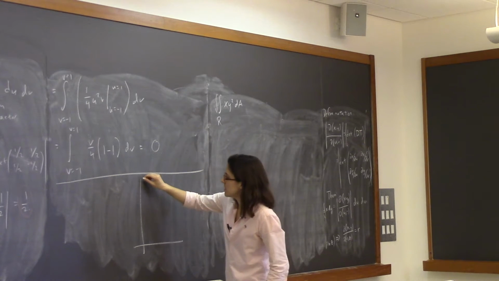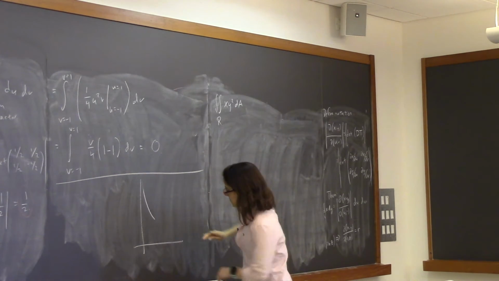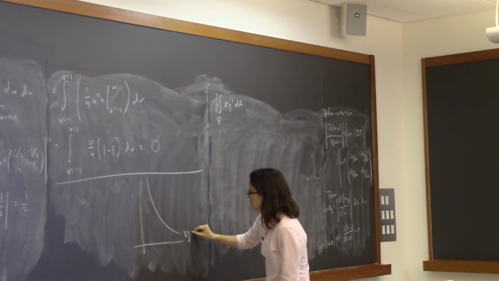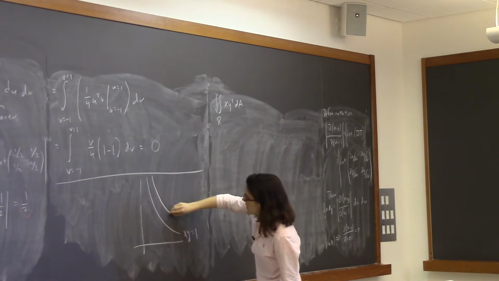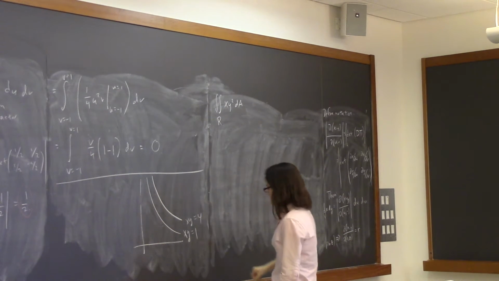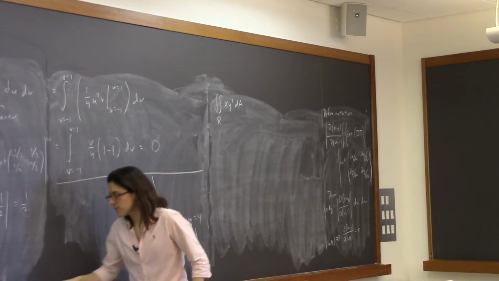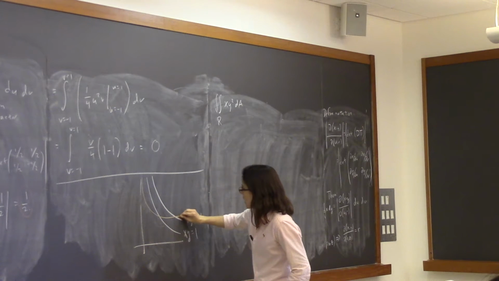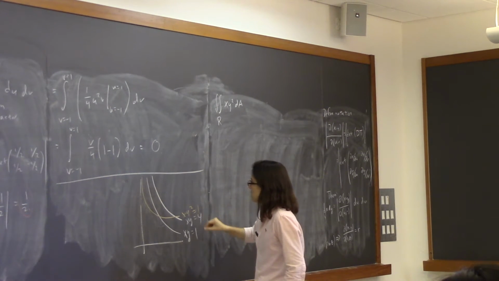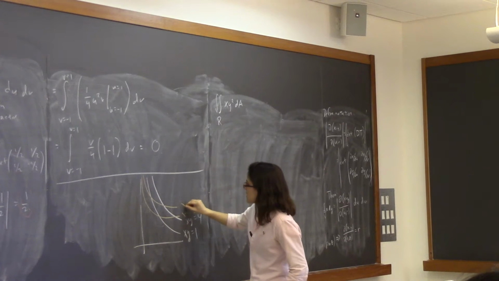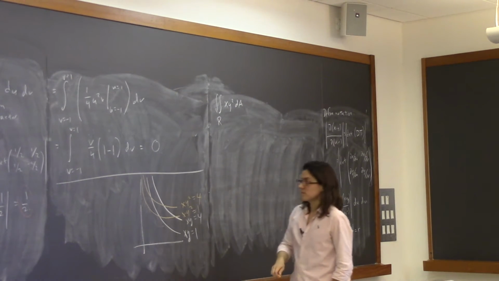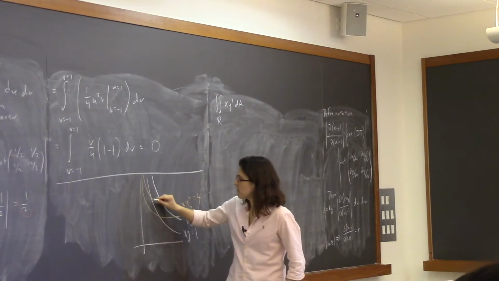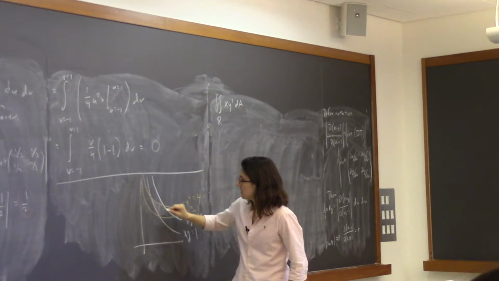We have the curve x times y equals 1, and the other curve x times y equals 4. And then we have the curve x times y squared equals 1, and the curve x times y squared equals 4. So those are our curves. And R is the region in the first quadrant bounded by those 4 curves. So there's our region R.